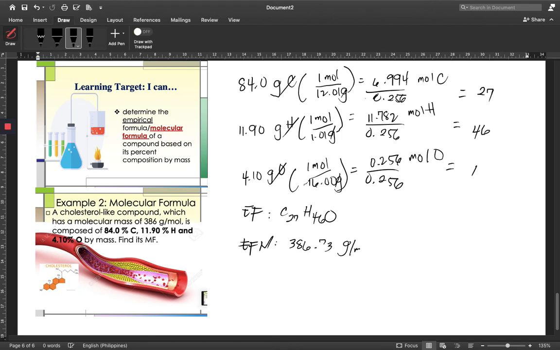Now, you might have noticed that you ended up with more or less the same value as the given molecular mass, which is fine. Don't worry about it. So if you get your multiplier, that's our given molecular mass in the problem divided by our EFM.